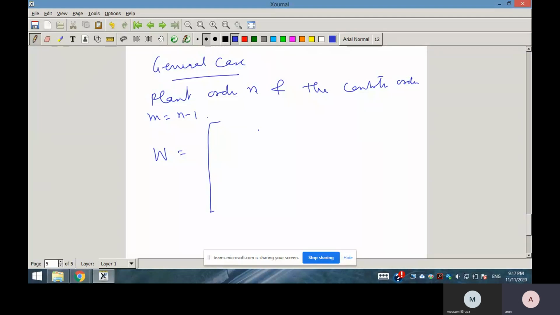So it will start from A0, A1, A2 up to a n minus 1, then 1, then 0, 0, 0, 0.